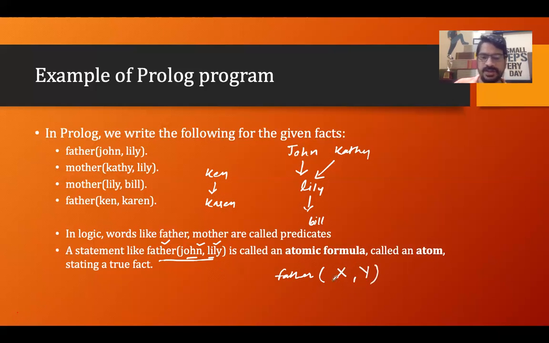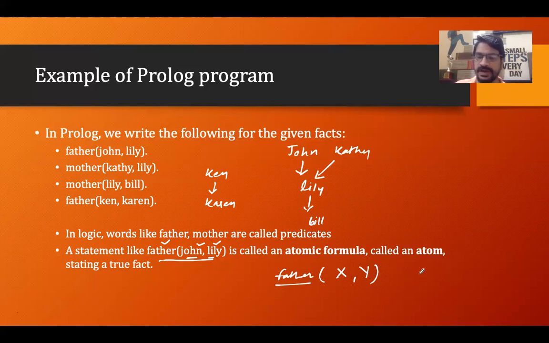So in predicate logic, whatever we write in small letters are constant values, and whatever we write in capital letters are variables. And the whole thing is called an atomic formula or atom. This is the relationship between two entities or two constants, called a predicate.